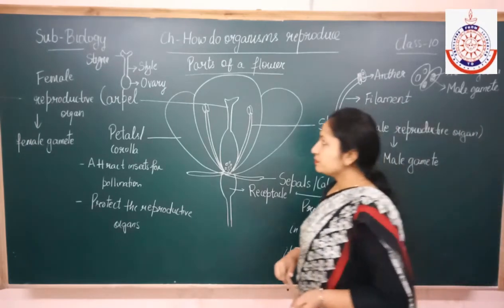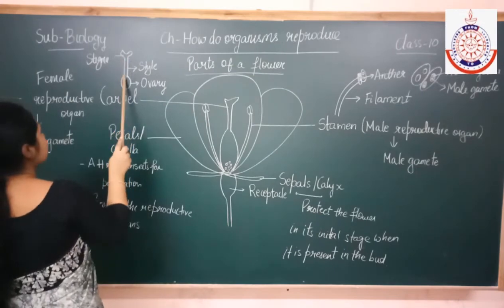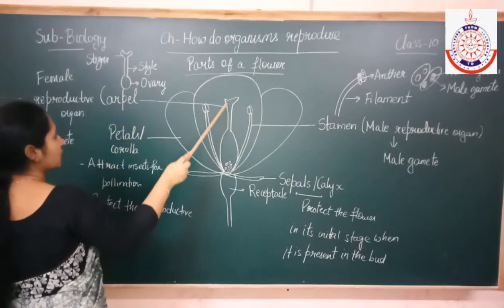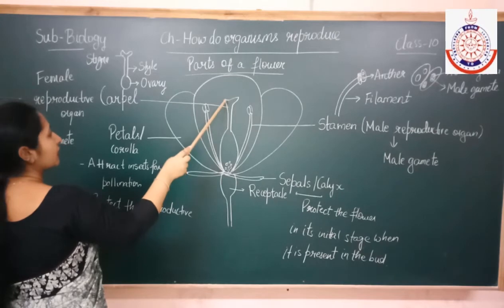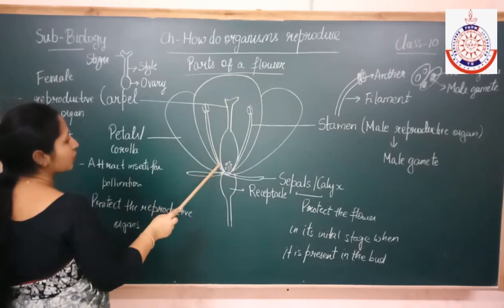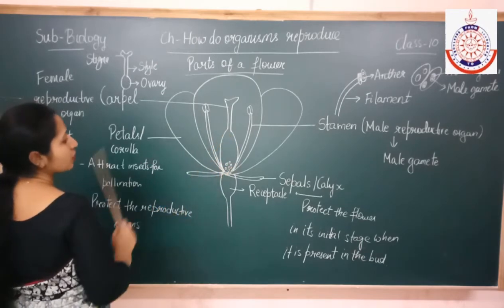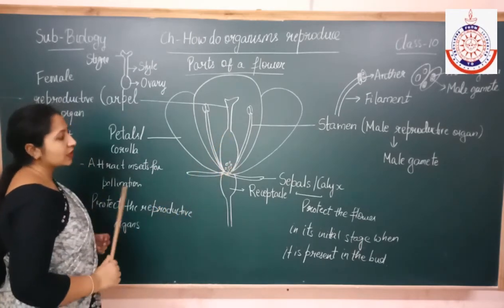Now next is the style. Style is a long stalk which connects the stigma to the ovary, and this swollen portion is known as the ovary.